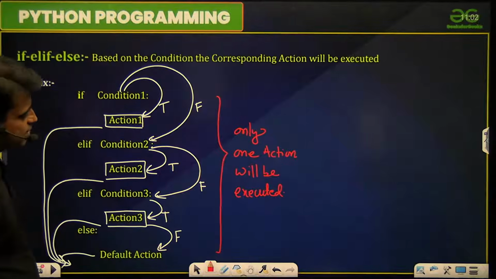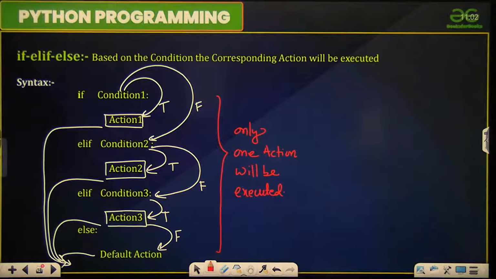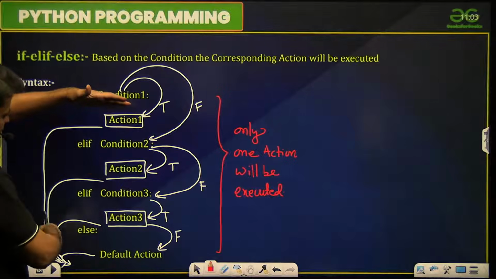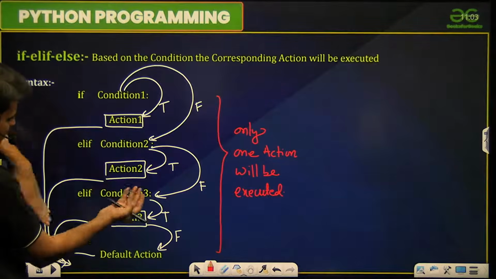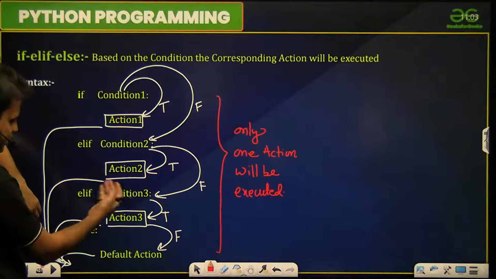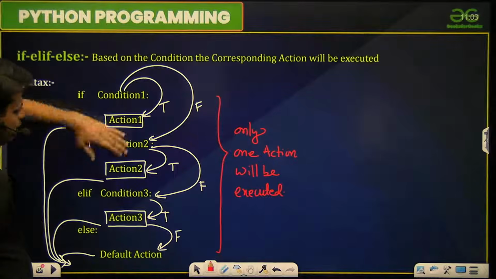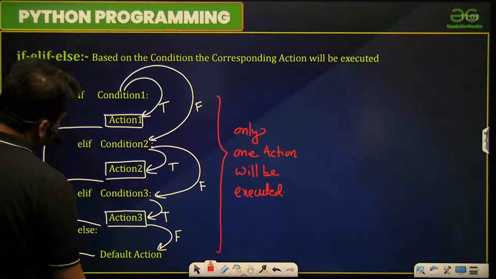Either this one, if this is true, then exit. If this is false, then this action 2 executes and exits. If this is again false, then this action is executed, and if this is again false, then the default action, right? Only one action will be executed here. Okay.